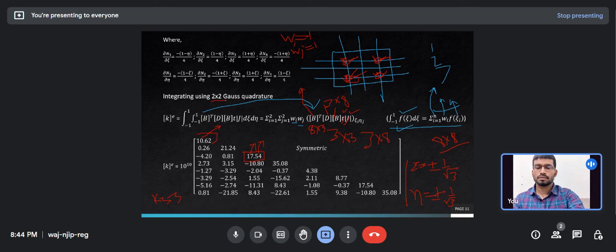And if you are using 2 by 2 Gauss quadrature, you have to evaluate at these 4 points of integration, and then you have to combine, and the combination will give you the value of this element. Similarly, you will do for all the elements, and in that way you can determine the stiffness matrix of this 2D element. Here I have taken the 4-noded 2D element. Similarly, you can calculate the stiffness matrix of the 8-noded quadrilateral element, or the 3-noded or 6-noded triangular element.